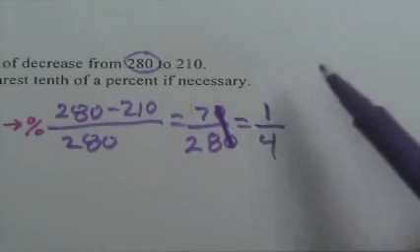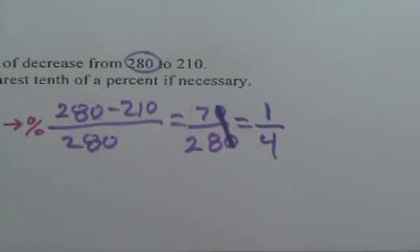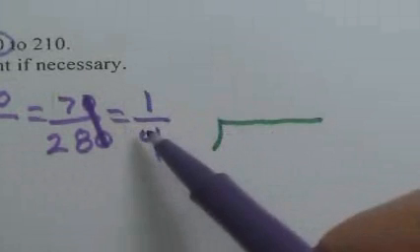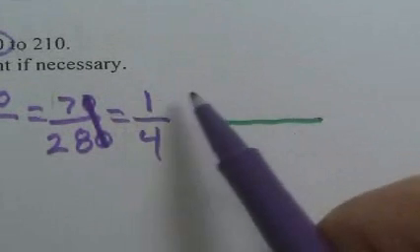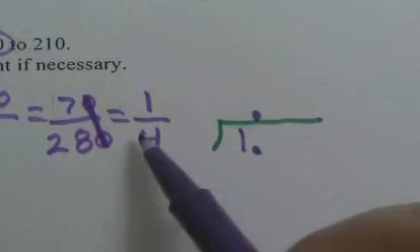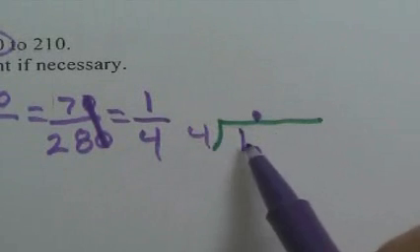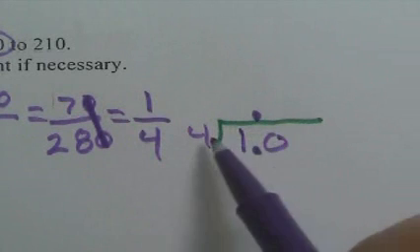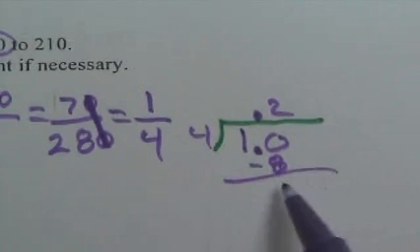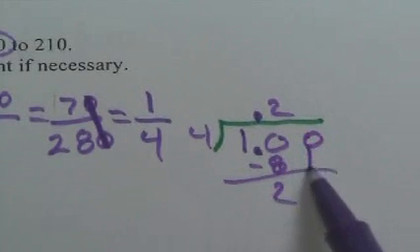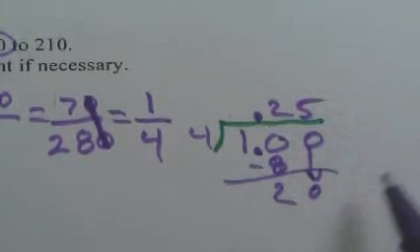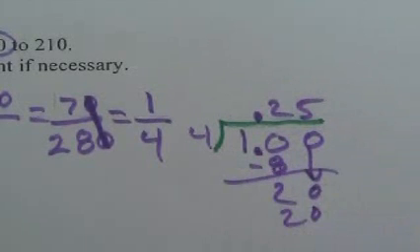Now, if you cannot do that mentally, you should be able to do that mentally. But if you cannot change this fraction to a percentage, take the top number, put it inside the box. There's the decimal, bring it straight up. 4 is on the outside. 4 doesn't go into 1, add a 0. 4 goes into 10 twice, that's 8. 2 left over, add a 0, bring it down. 4 goes into 20 5 times, right? 4 times 5 is 20, and that's it.